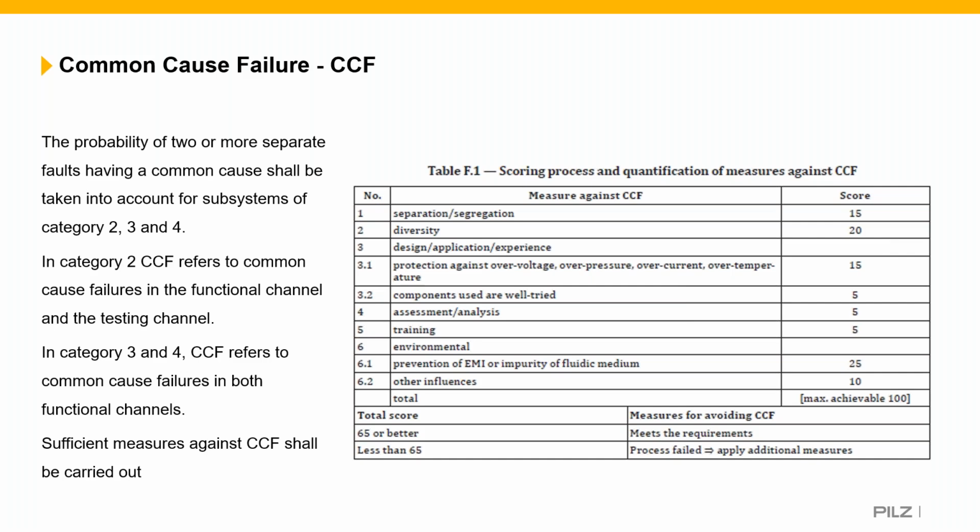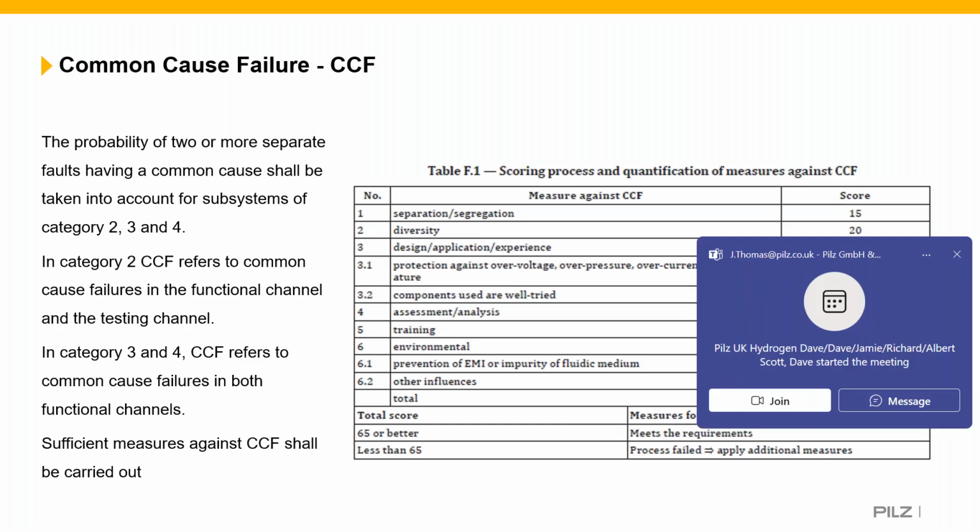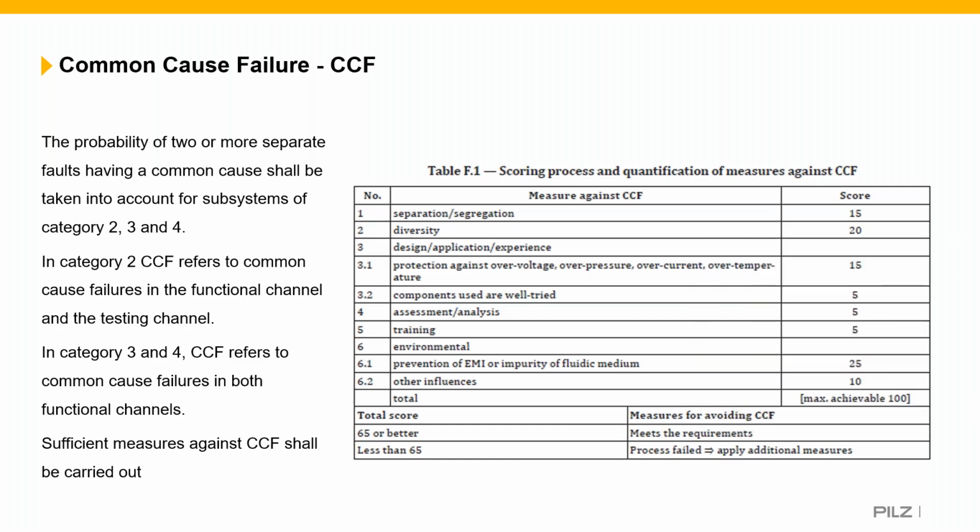So there are further questions around these. You've got to look at separation and segregation, diversity. Can you do pressure and flow in a system or something like that, or differing devices of the same type from different manufacturers potentially, if they're not safety rated.